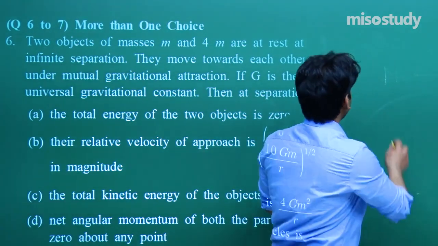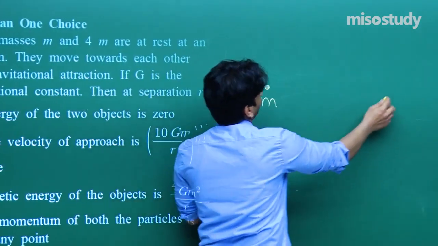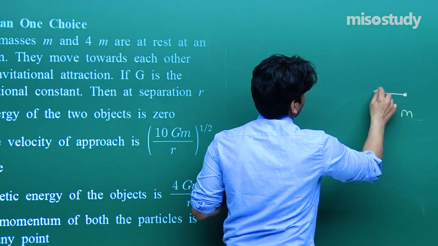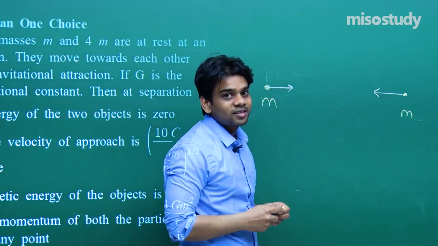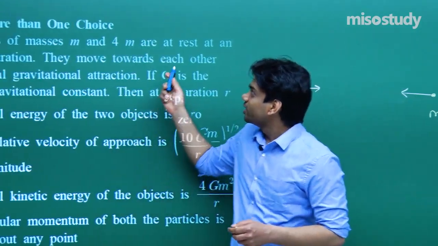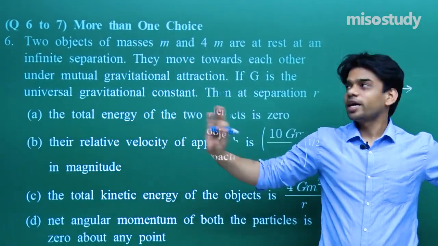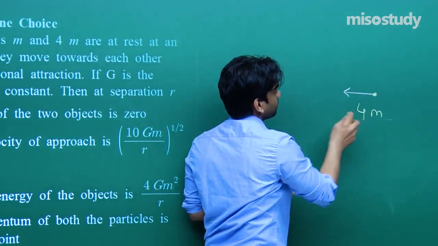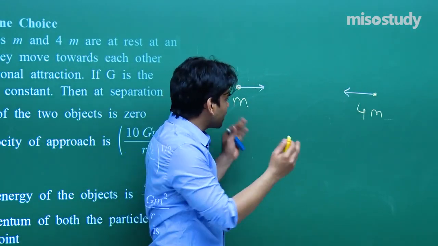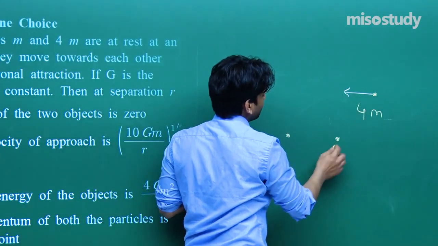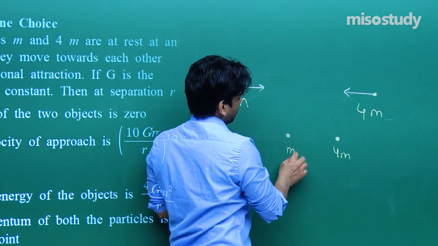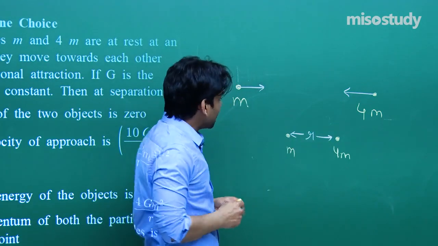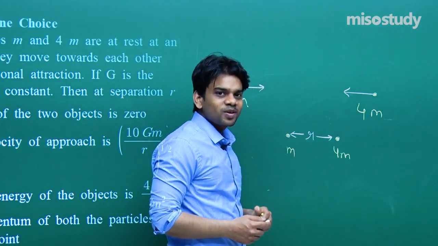First of all, two particles m and 4m are approaching towards each other. Initially they were separated by an infinite separation. You see here, they are at rest at an infinite separation, m and 4m. As they come and the separation between both of them is reduced to r, there will be some potential energy.